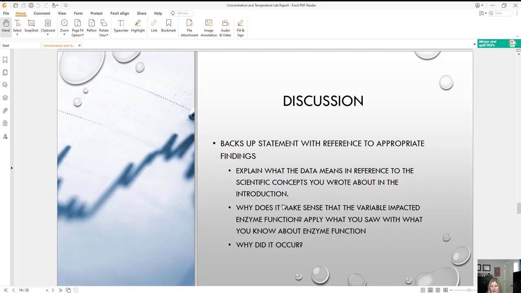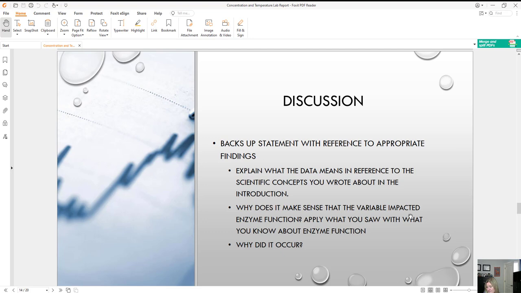So explain the data. Okay, why does it make sense? Why does it make sense that we saw 0 foam produced under pH 2 and we saw lots of foam produced under pH 7? So you might have to go into your textbook, or maybe even do some research on the enzyme itself.